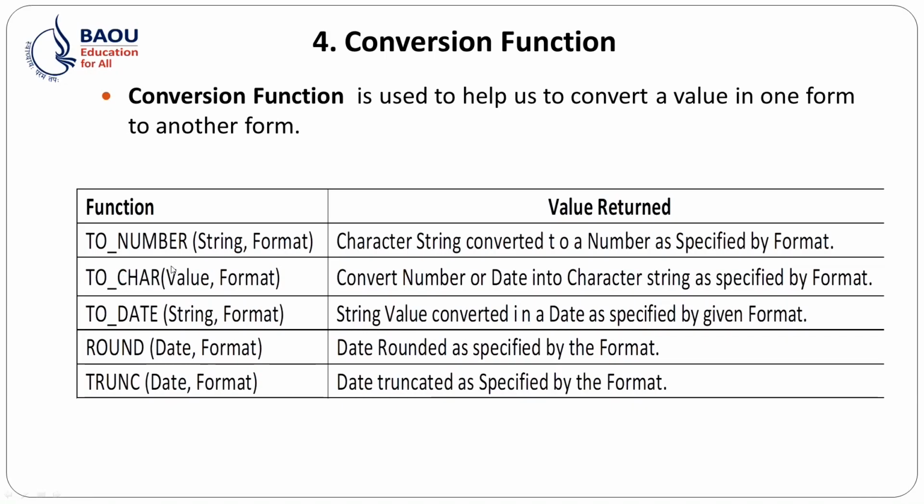To char is used to convert the value to character format. To date is used to convert a string into the date format. Round is used to round the date to a specific format, and truncate also truncates the date in a particular format. See in the example.